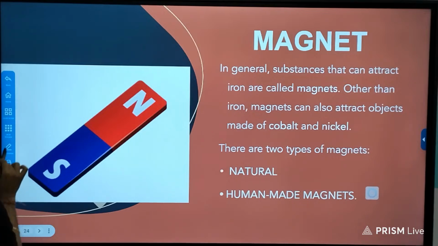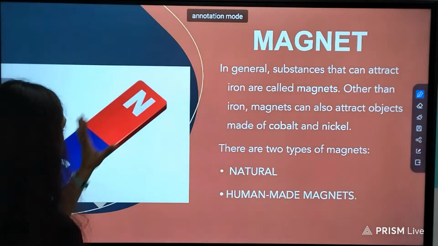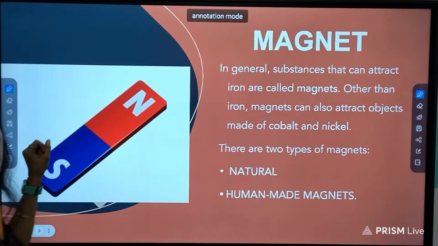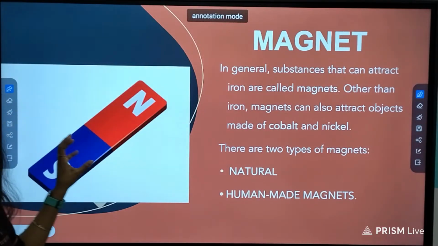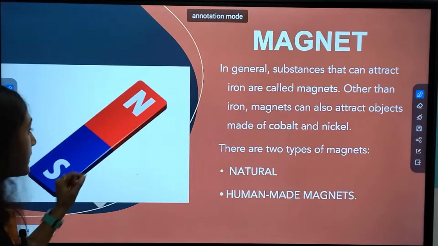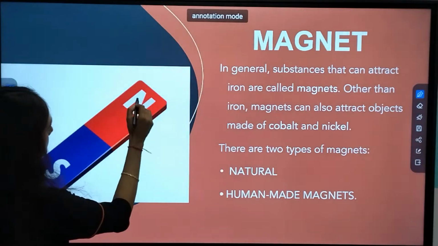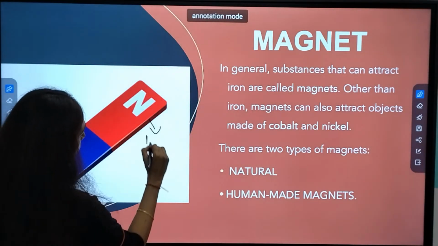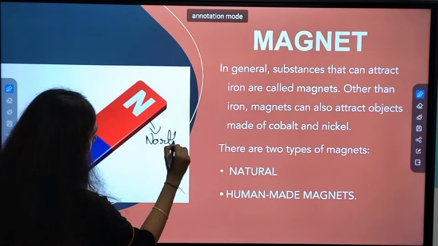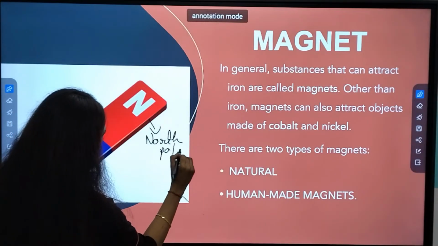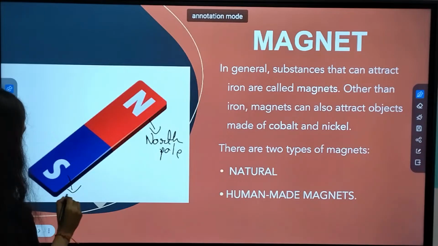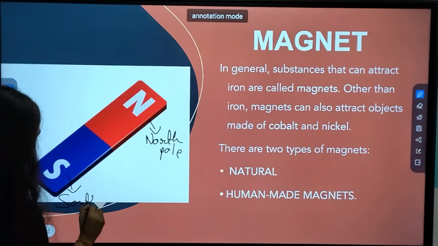Now comes magnet. What is a magnet? A magnet is a substance that can attract materials. Okay, it has two poles. This N is known as the north pole and this S is known as the south pole.